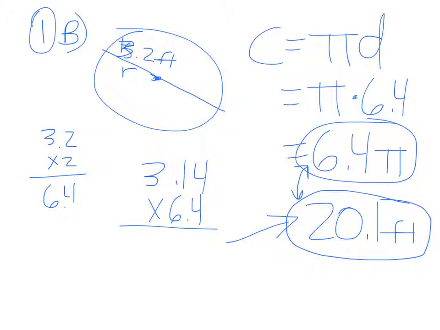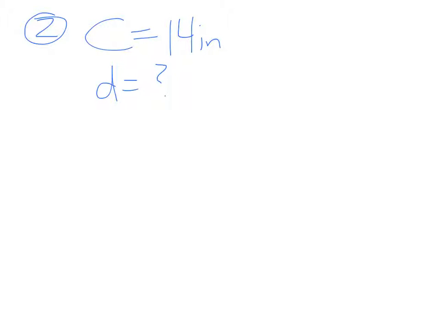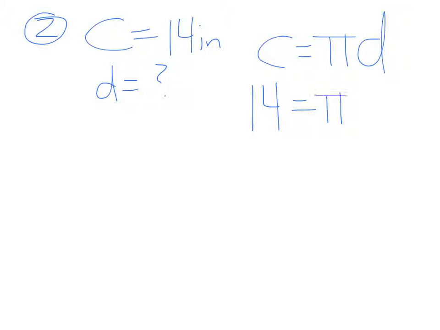Alright, let's go to example number 2. Number 2 says a tree in Madison's yard was damaged in a storm. Her parents want to replace the tree with another whose trunk is the same size as the original tree. Suppose the circumference was 14 inches. That's important. What should be the diameter of the replacement tree? Well, since we're looking for the diameter, we still use our formula C equals pi d, and then we just plug things in differently.